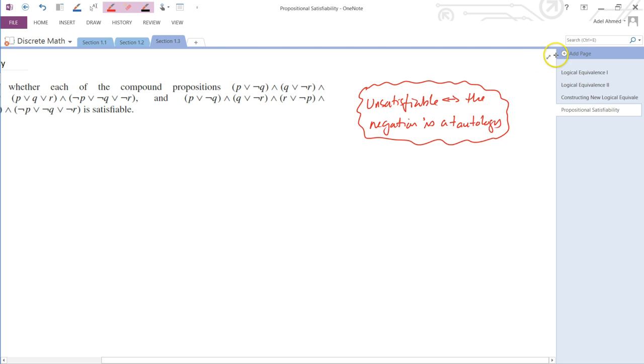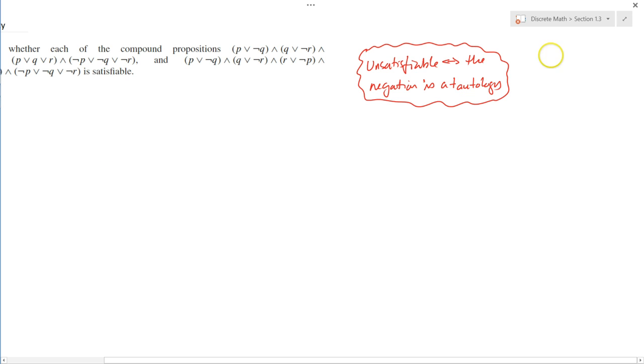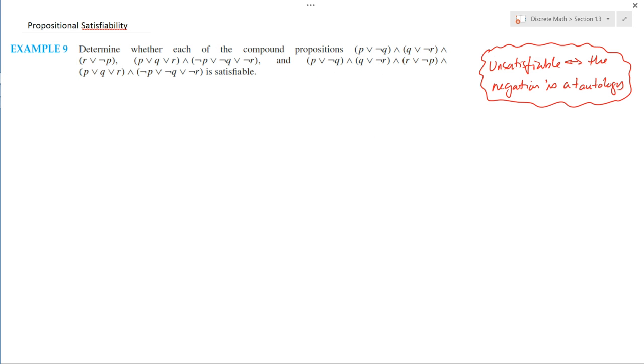So let me change my ink to black, and let's see what this example says. The example says, determine whether each of the compound propositions is satisfiable. This is the first proposition, which is this lengthy expression over here. This is the second proposition. And the third proposition is basically the conjunction of the first two. So let me just rewrite them to make it easy to understand.